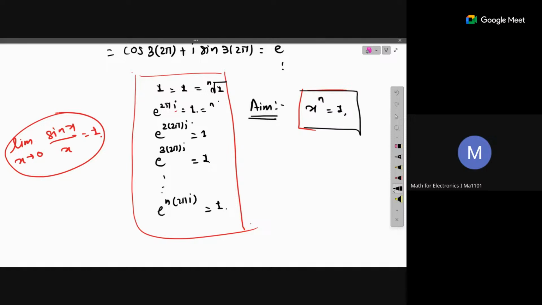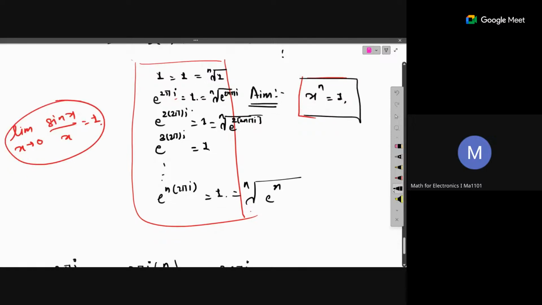This is the same as nth root of e to the power 2 n pi iota, and the same as nth root of e to the power 2 multiplied by 2 n pi iota, and so on, ultimately up to n times.